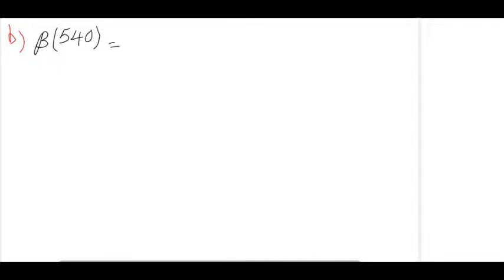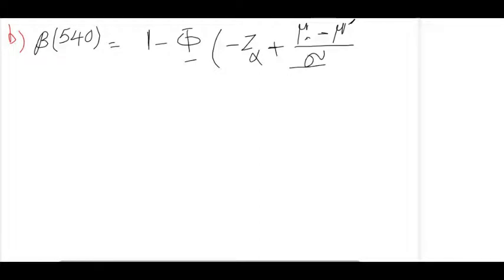and the formula is 1 minus phi of minus Z alpha plus mu 0 minus mu prime divided by sigma divided by a square root of n.